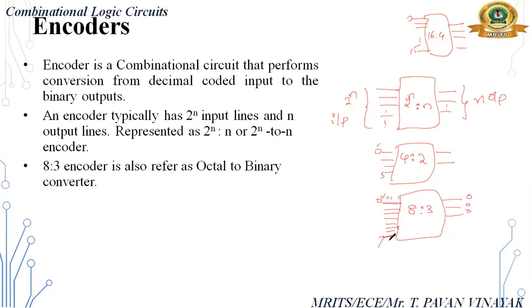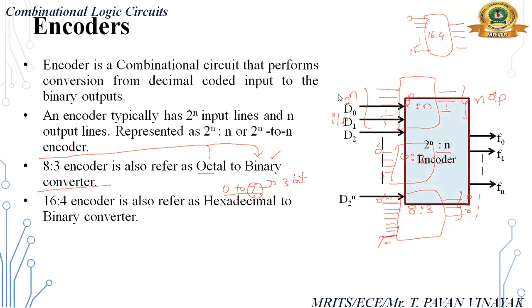Whenever input 7 is 1, we get 1 1 1. Octal has only the combinations 0 to 7, and each octal digit is represented as a 3-bit binary number, so the outputs are also 3. So an 8 is to 3 encoder is referred to as an octal to binary converter, and a 16 is to 4 encoder is called a hexadecimal to binary converter.